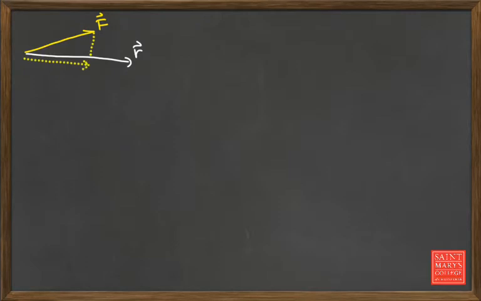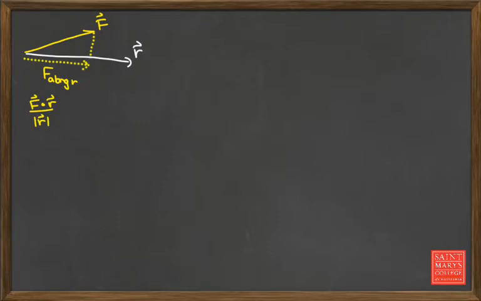This we could call f along r. And we showed that that is the same thing as f dotted with r over the magnitude of r, just by the definition of the dot product.